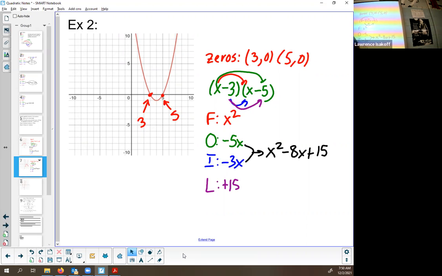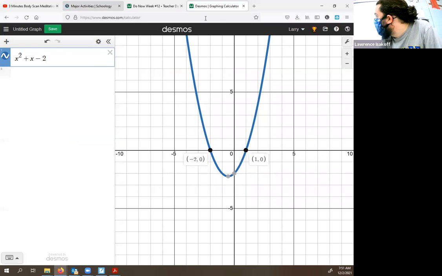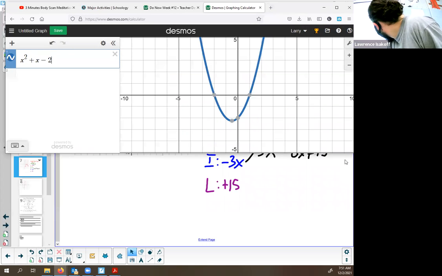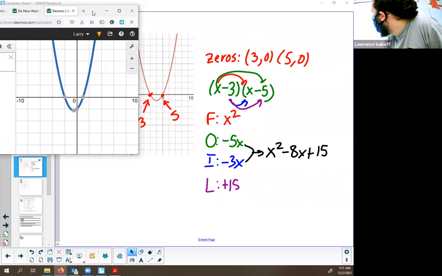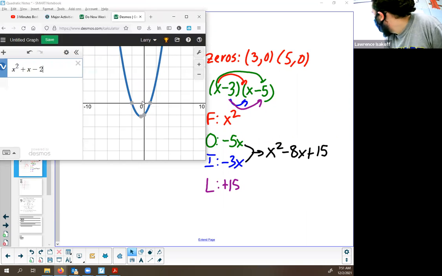So again, I'm going to take a look at this, and actually we'll do it this way. I'm just going to do this, not full screen. Let me resize this better. There we go.